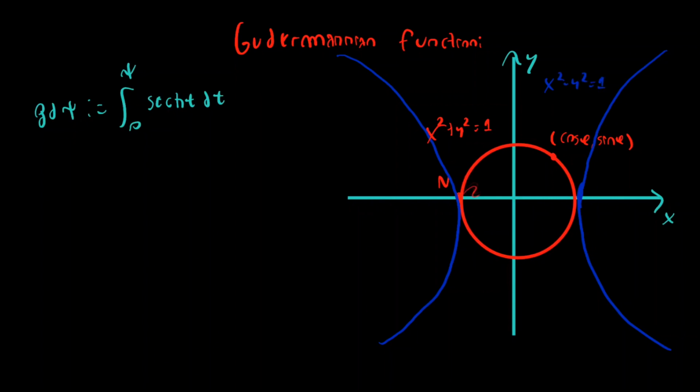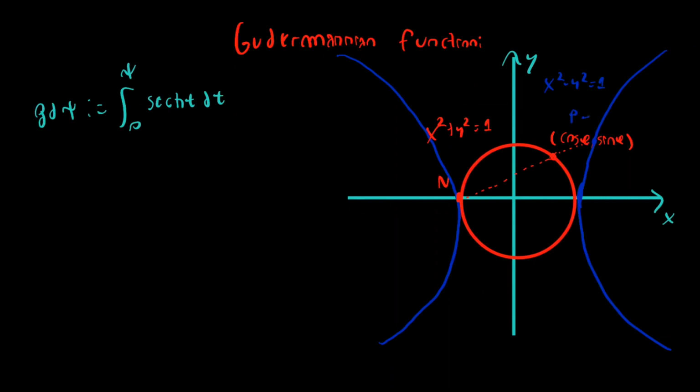Now let's consider the line that passes between N and this point, cos phi, sin phi. And let's consider the intersection of this line, which is uniquely determined, of course, with this hyperbola. It turns out it's a point P.